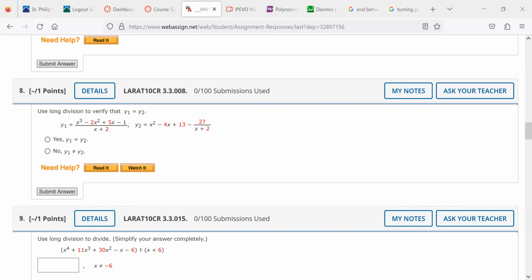Use long division to verify that y1 equals y2. So basically figure out that these two things are the same by dividing them. Let me switch over in just a moment.